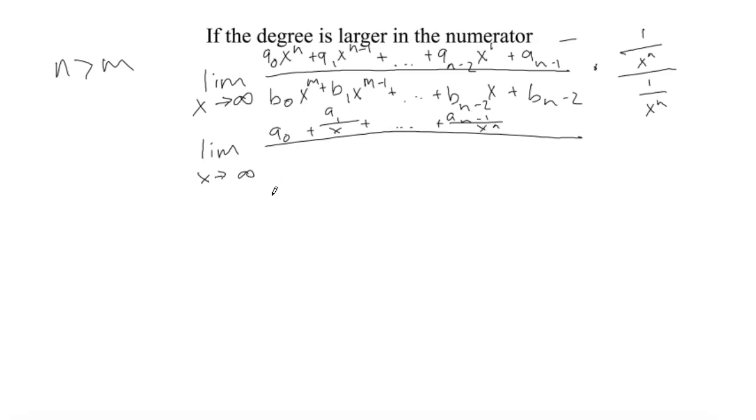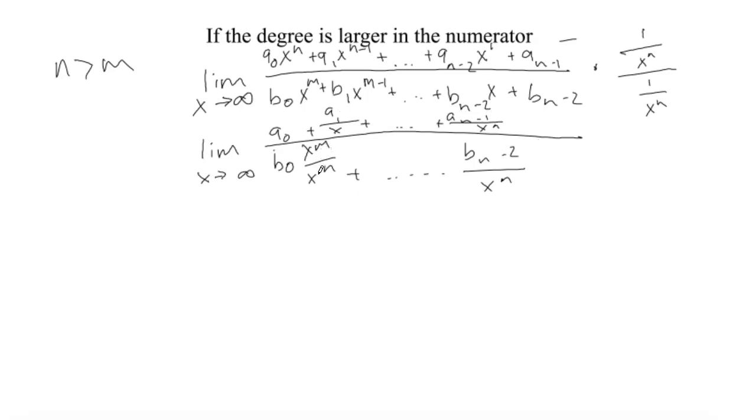Now, when we divide the denominator, we'll get b sub 0 times x to the m over x to the n, all the way until b sub m minus 1 over x to the n. Now, if you notice, all of this stuff tends to 0: a sub 1 over x all the way until a sub n minus 1 over x to the n.